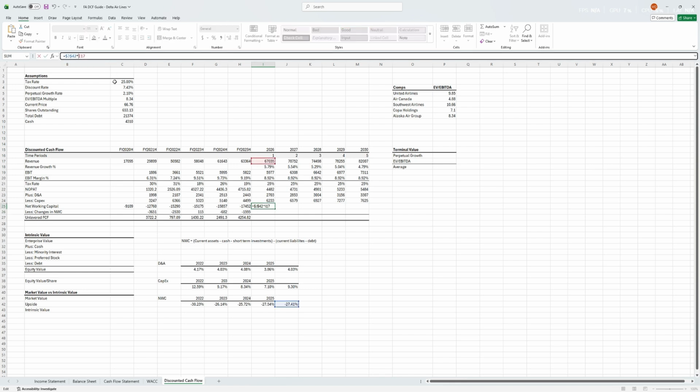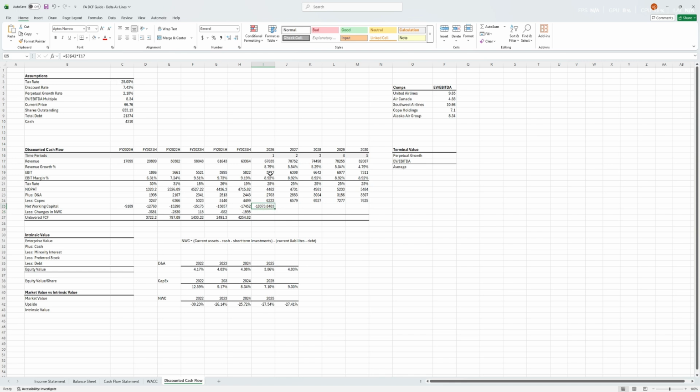Not that times. There we go. Apologies for the mistake. Put this down here. Boom. And then same formula for changes in net working capital. We're just going to do new minus old. Boom. Carry that out all the way.